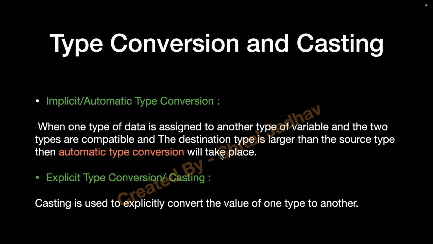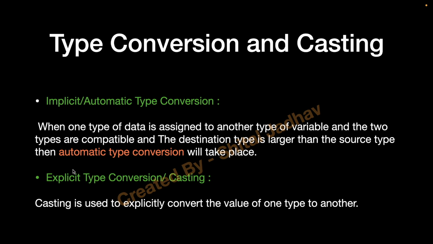It means that whenever, let's suppose, you have float and double, and you are trying to assign the double value to the float, they are not compatible with each other. That's the reason implicit casting will not happen, and in that case you have to go for explicit type conversion.